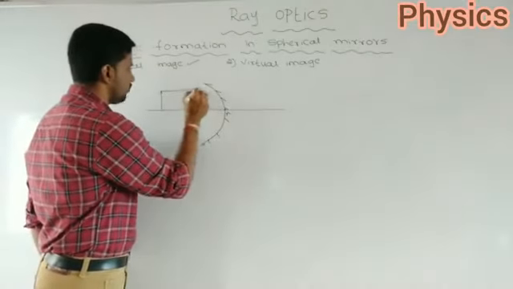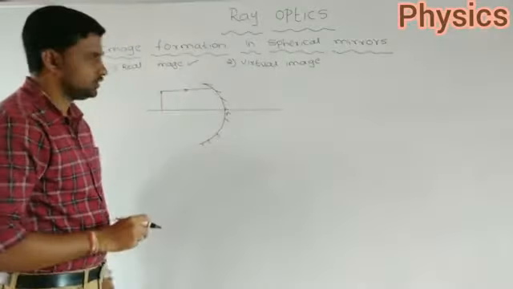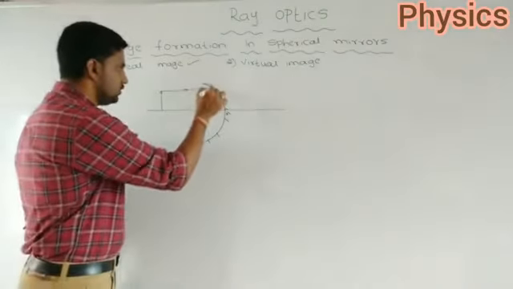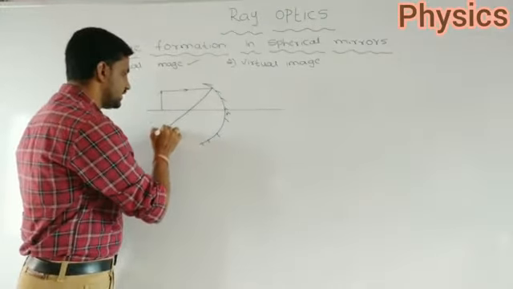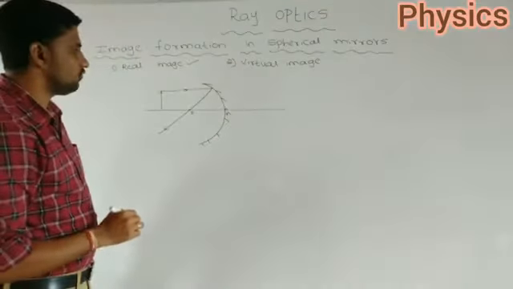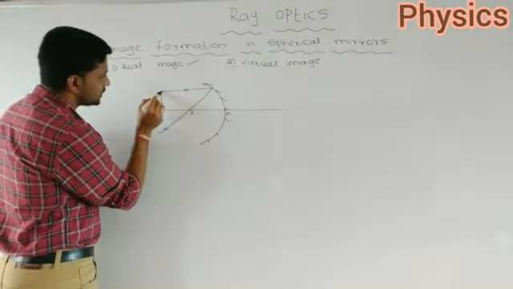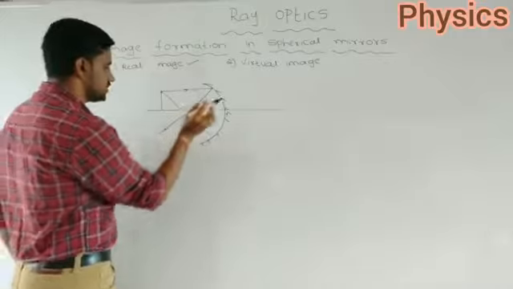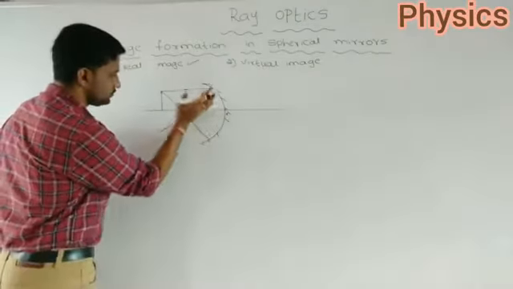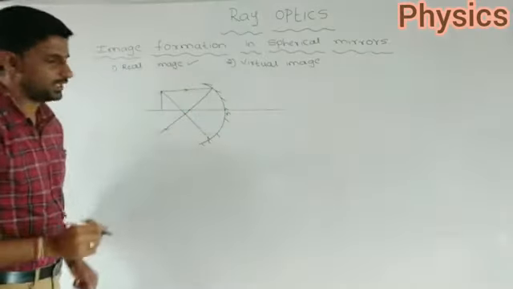After hitting the reflecting surface, it will reflect back and pass through the focus. This is the focus. Another ray of light is passing exactly through the center of the concave mirror like this.